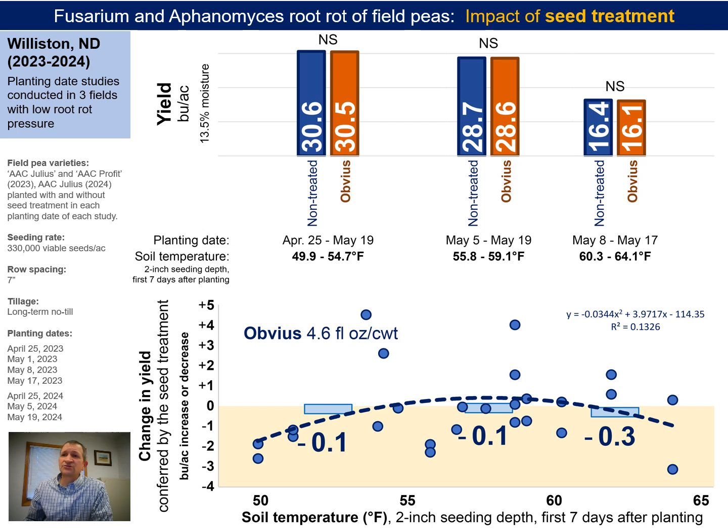And really, the seed treatment is a tool for helping you get into those fields with elevated root rot pressure and get into them early and maximize your yield potential planted early. In the fields that do not have elevated Aphanomyces and Fusarium pressure and that do not have a long history of growing peas and lentils, you can expect a more moderate response to the fungicide seed treatment.